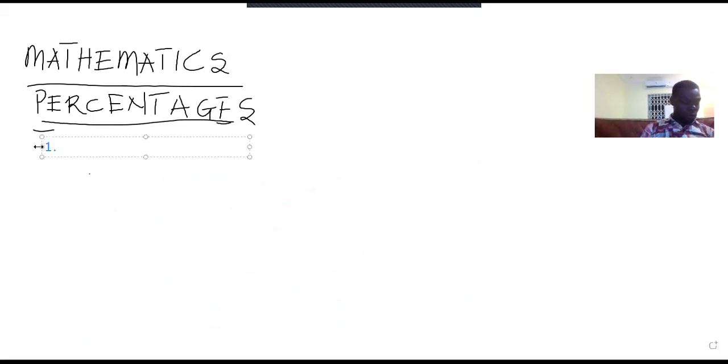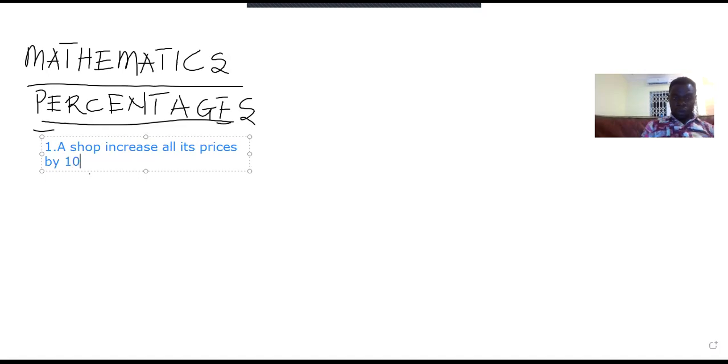Question one, a shop increased all its prices by 10%.